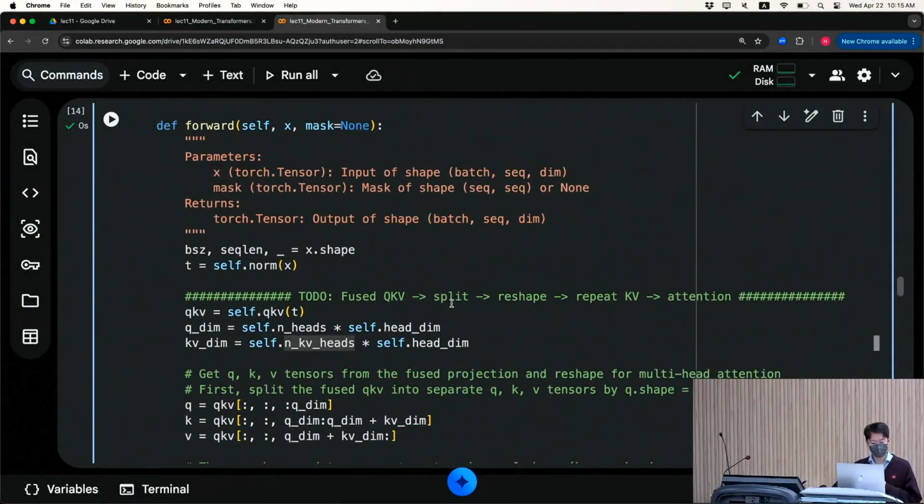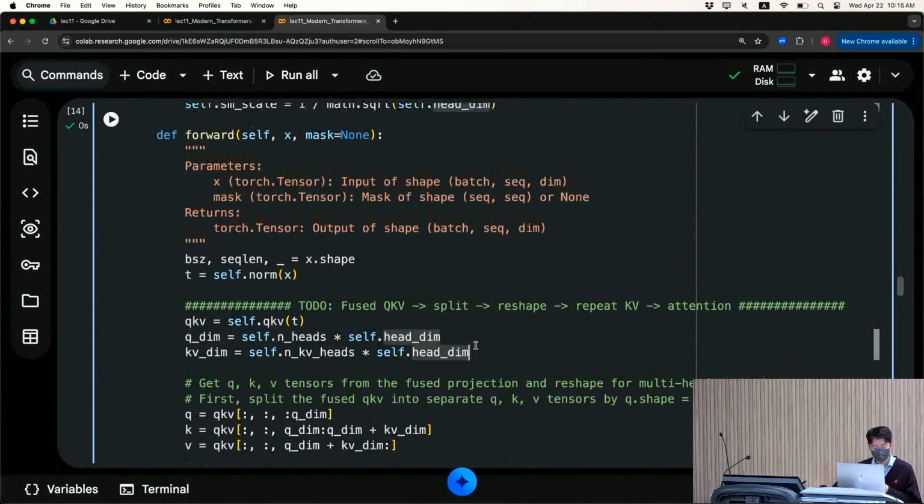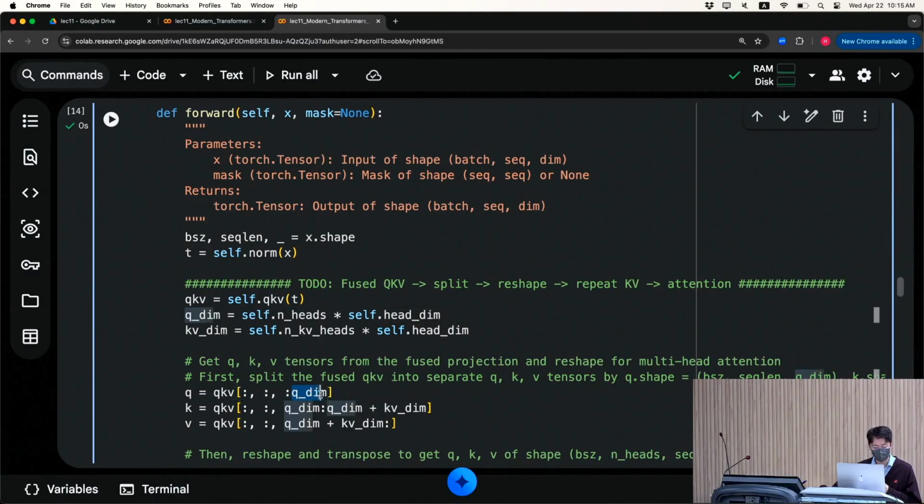All right, so after we do fused projection and get the dimensions set, then we just need to do slicing. So first, query dimension is key. Rest of them, half and half, is going to be key and value.